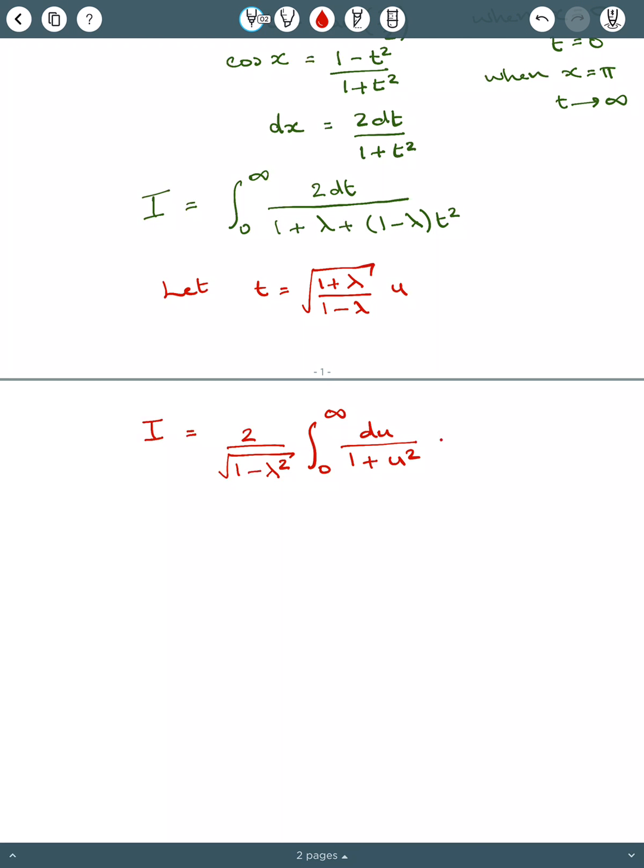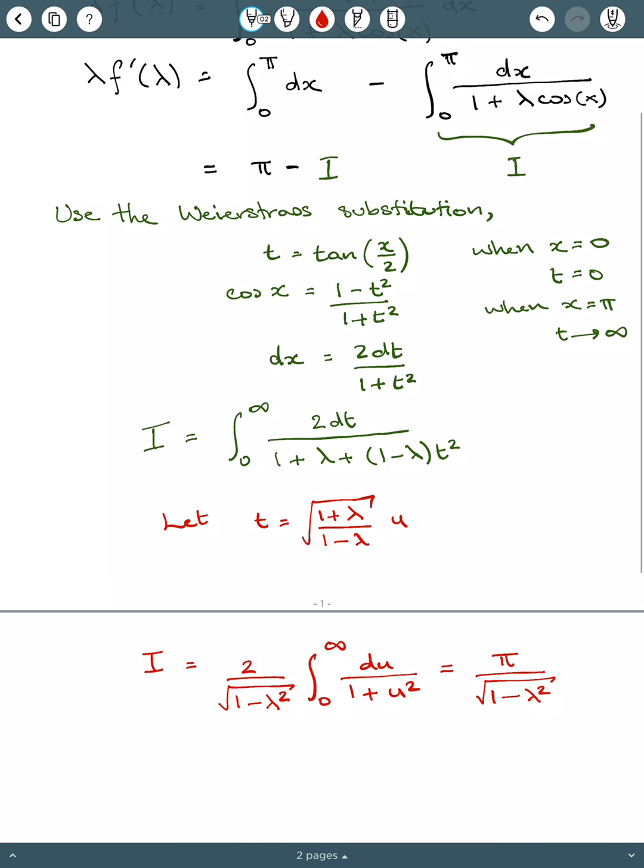Okay, so if you haven't seen this integral before, it's fairly famous, it is equal to pi on 2, which gives this value here.